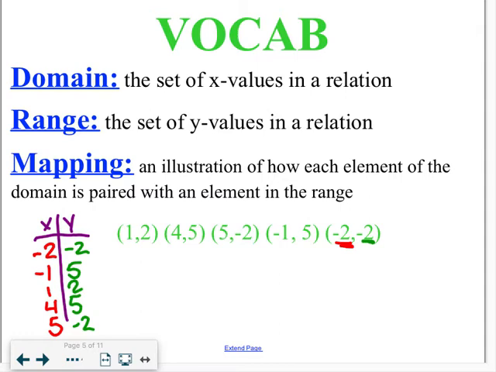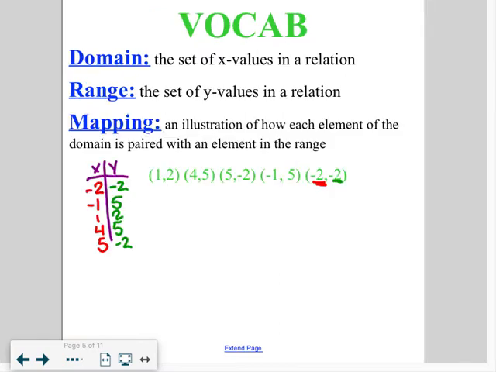Another way that we can display a relationship is through what we call a mapping, or using a map, and it shows how each element in the domain, or the x's, gets paired with each element in the range, or the y's. So in order to make a map, you need a domain column and a range column.